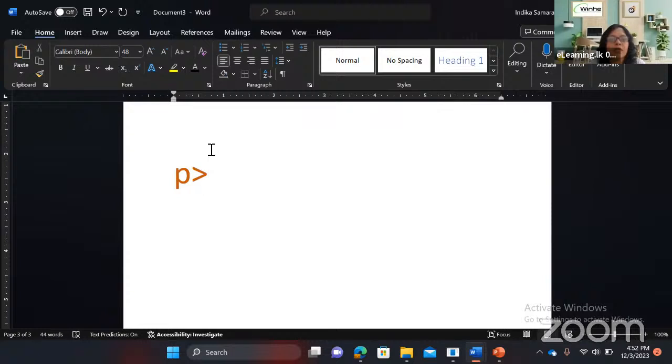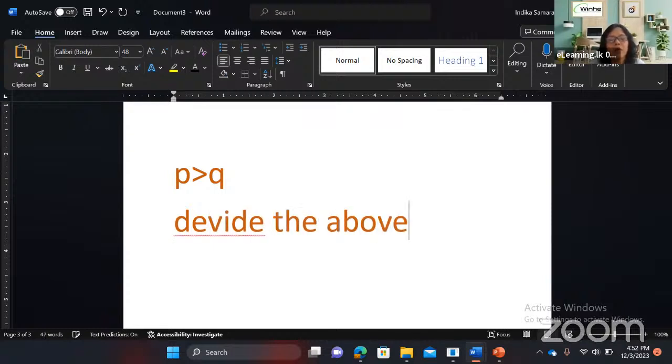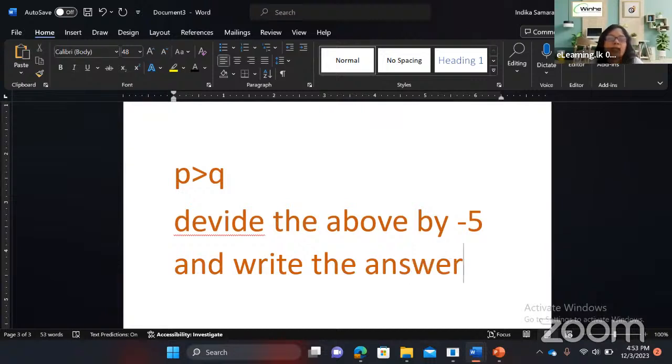Right. And if you have P greater than Q, divide by -5 and write the answer. So what is the answer if you divide P greater than Q by -5?